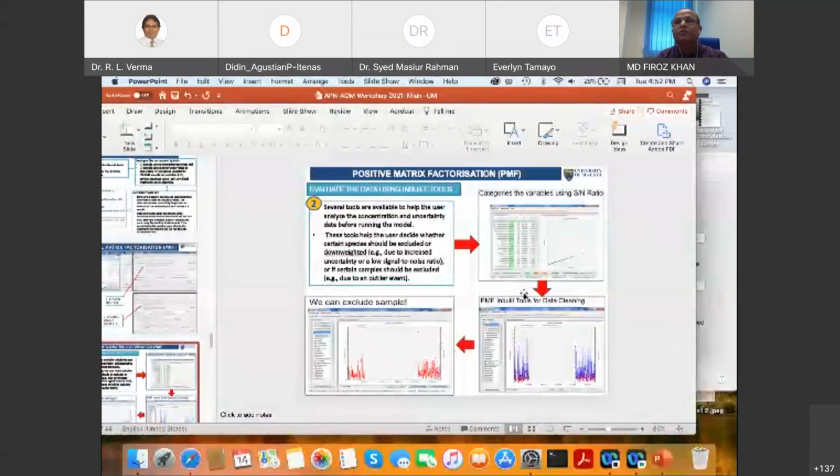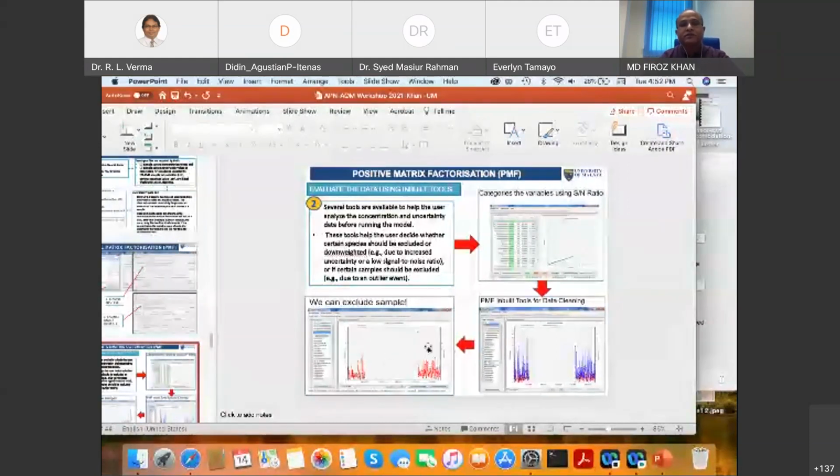Here I have given, before you execute your data by using PMF, you need to do some quality control of your data. You can see each of the variables in your input data file. You can click and see their time series, their correlation with one another.